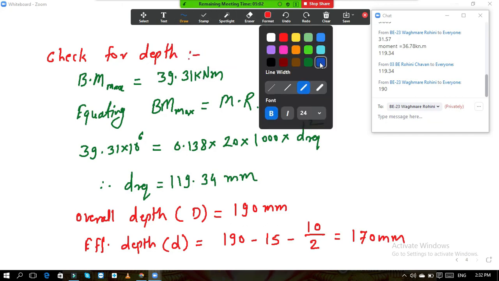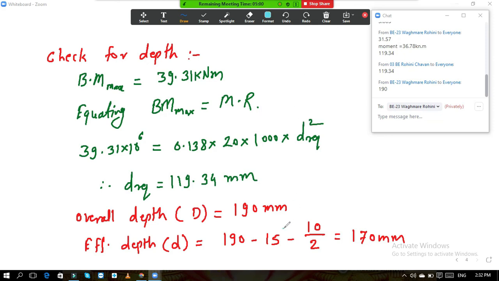These two values are assumed, you should mention it clearly. You should write the sentence: assuming clear cover is equal to 15 mm and bar diameter is 10 mm. I have skipped that step, I have written over here directly.